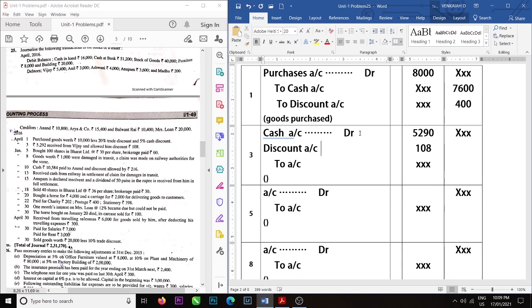This is discount allowed, okay? Discount account debit to Vijay account.